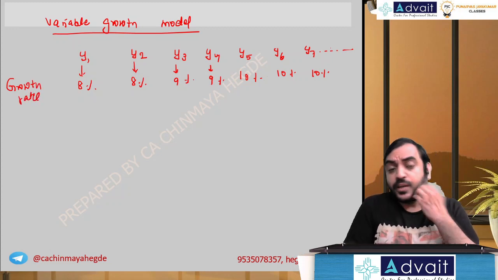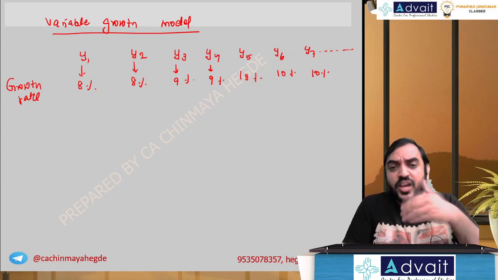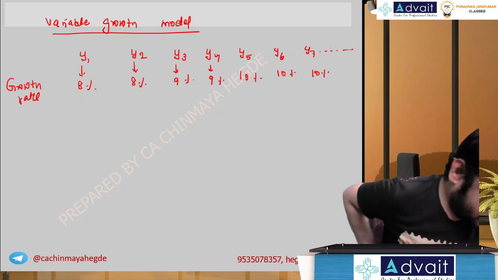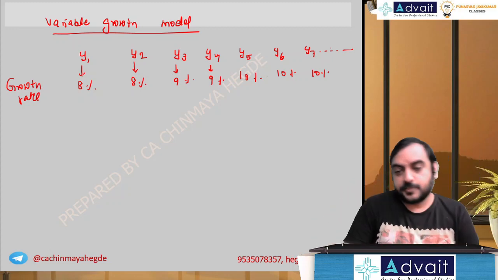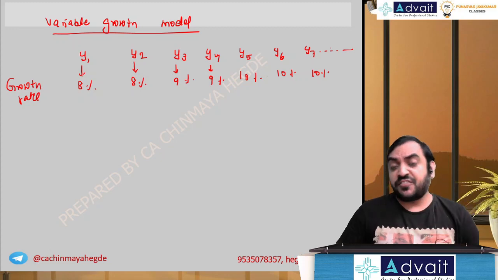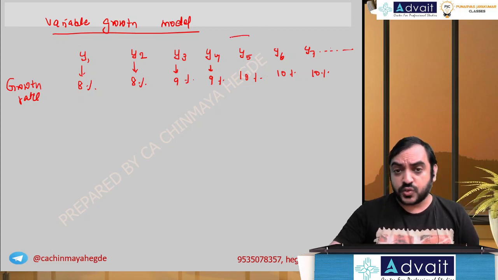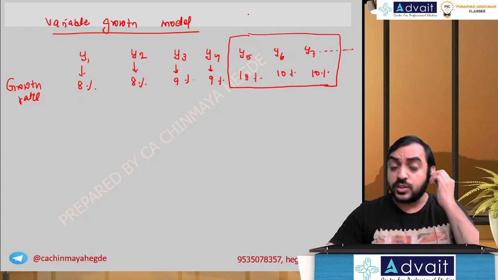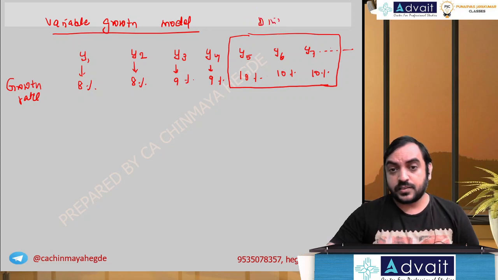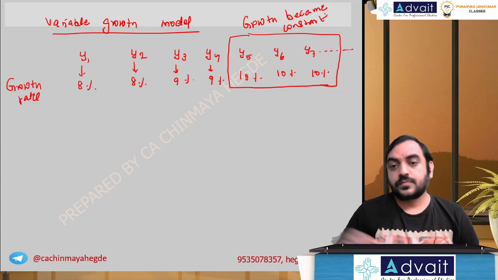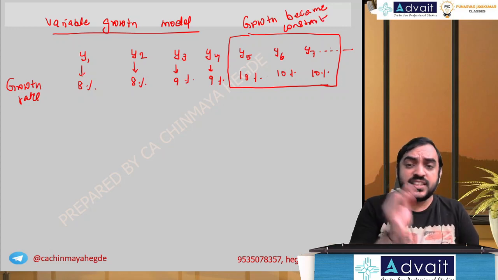Variable growth model. Now I cannot use the formula D1 by K minus G, because we have multiple growth rates, but the growth rate becomes constant after a particular point in time. This is important. So what is this Gordon growth model?